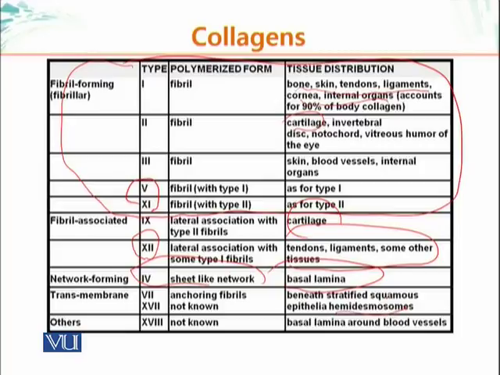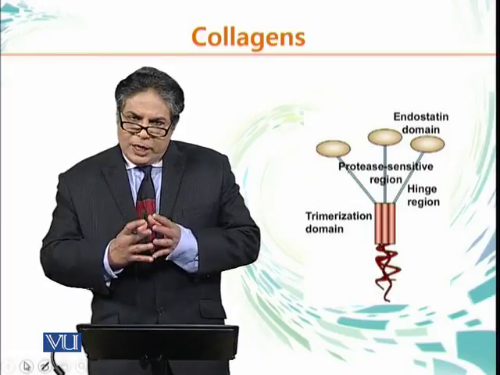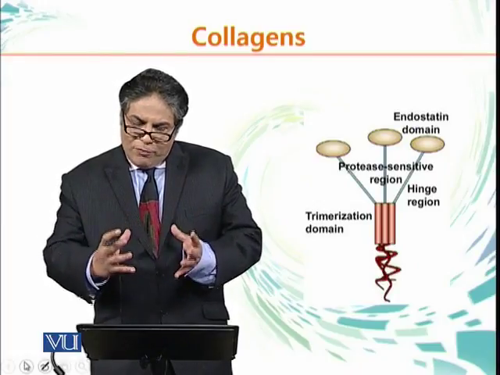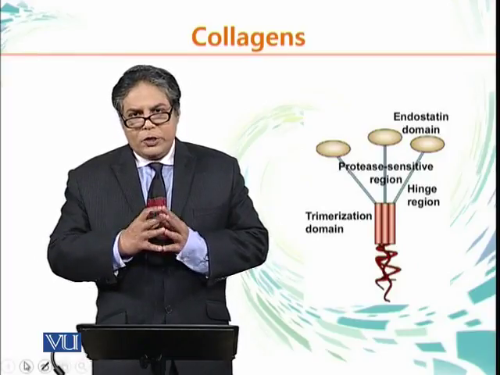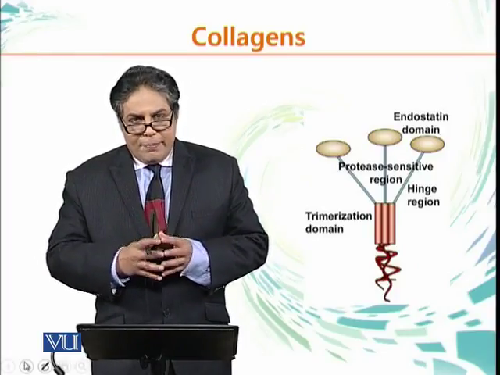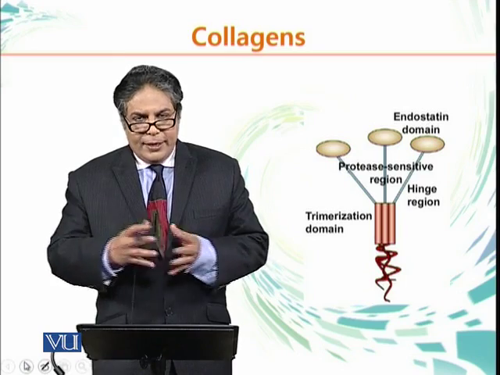There are other collagens whose role is not clearly defined, but we have said that type 18, for example, has a major role in preventing neovascularization of tissue. So this is basically collagens in a nutshell, where they are found and what their role is in different tissues. In the next module, we are going to see how collagens are made and how they are secreted in their active form.